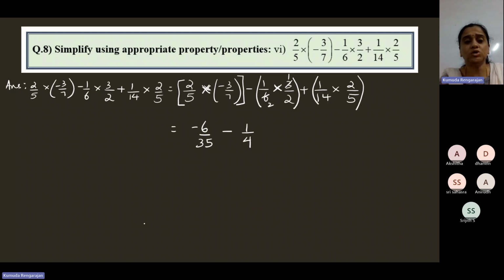For multiplication, you should not take LCM. LCM is only for addition, subtraction. For multiplication, multiply the numerators, multiply the denominators. The third bracket, 2 1s are 2, 2 7s are 14. 1 into 1, 1. 7 into 5, 35.